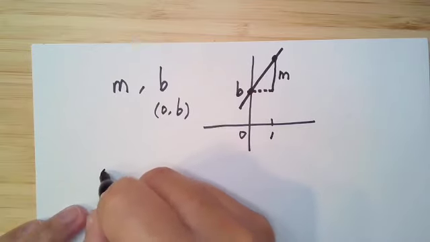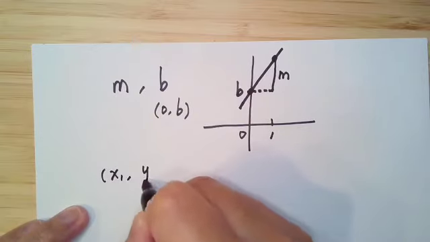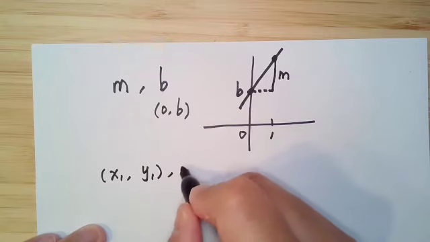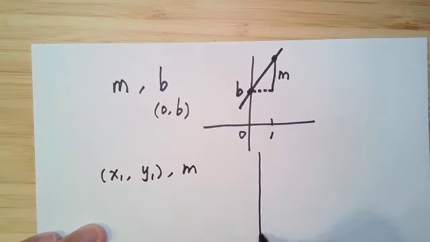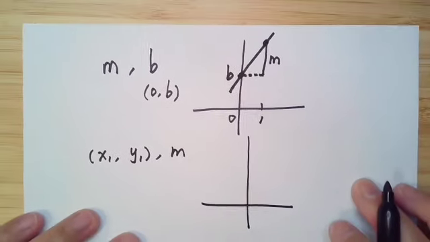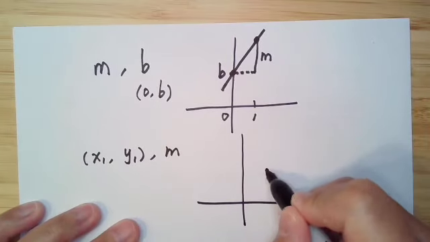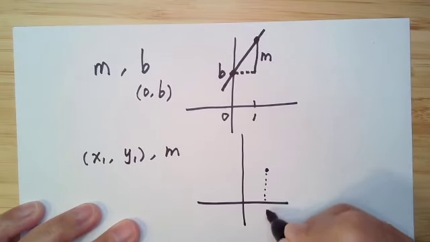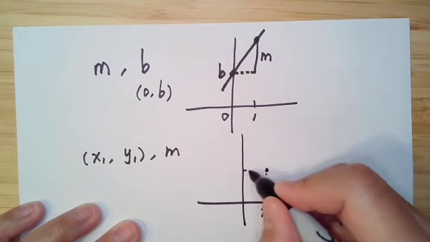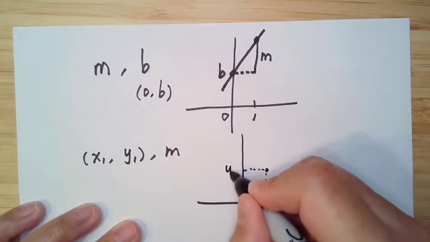And then if I give you (x1, y1), and I also give you m, that means you are given one point. This point here is x1, and this point here is y1.